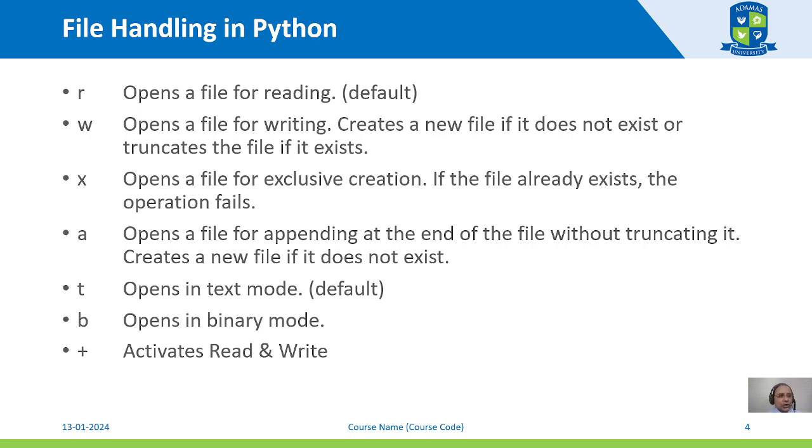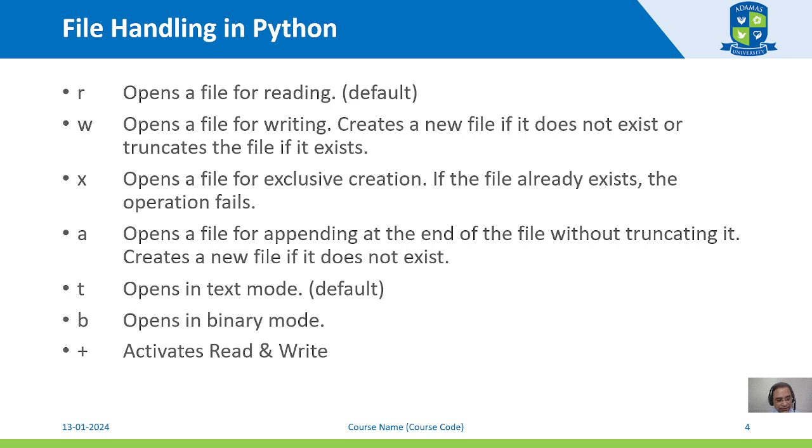Now if we talk about the different modes in which we can open the file, that is R mode, W mode, X mode, A mode, T mode, and B mode, and plus. That means R mode opens the file in reading, W mode opens the file in write mode, X is opening the file which does not exist.